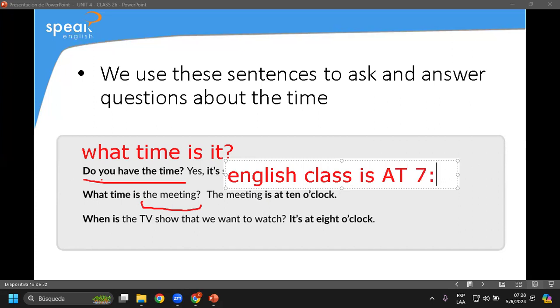Very good. So look, we need to say, the English class is, and don't forget the preposition at, okay? It's essential. Let's see, Melissa, what time is the break?